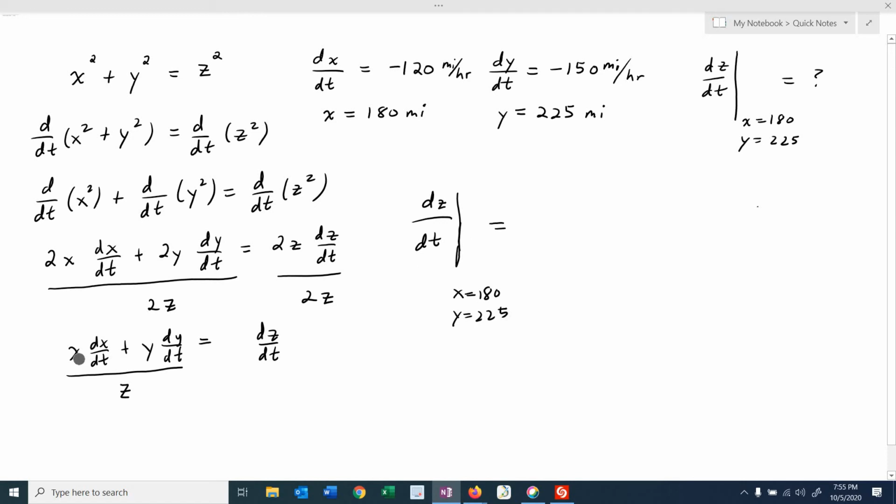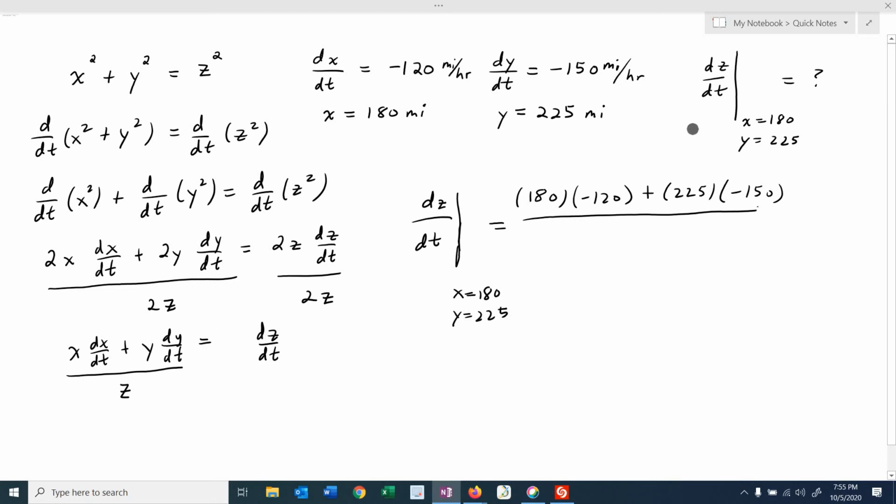Okay, so we've got to plug 180 in for x. Then dx/dt is negative 120, plus y is 225. Then dy/dt, which is negative 150. And then all of that is divided by z, which we haven't solved for. We know x and we know y, but we don't know z.